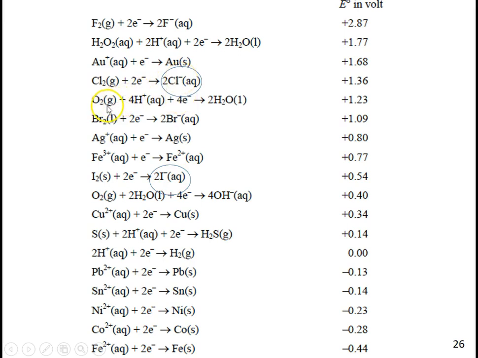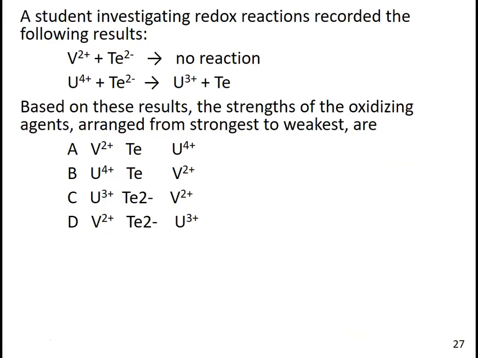So clearly you're wanting an oxidizing agent that reacts with one of these, but as soon as you get to one of these, then that will react as well. I can't remember the options. I think it was this one. No, it's this one. So it's bromine, which was apparently the last one.